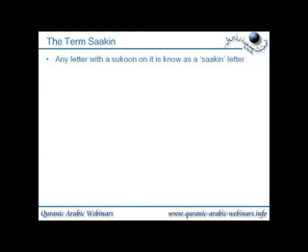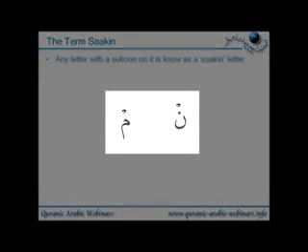So first, the term Sakin. Any letter with Sukoon on it is known as a Sakin letter. So this is just terminology. So here we have Noon Sakin and Mim Sakin. So the Noon has a Sukoon on top of it, and that's the way it's written in the Uthmani script.